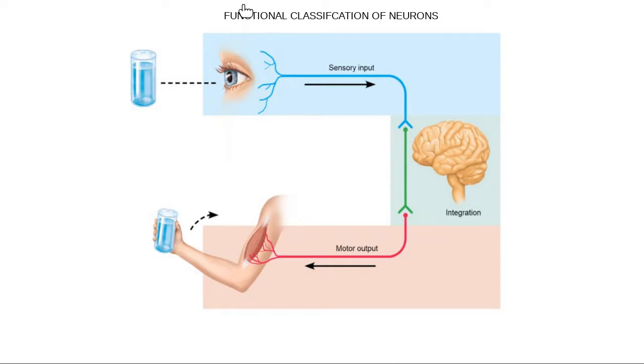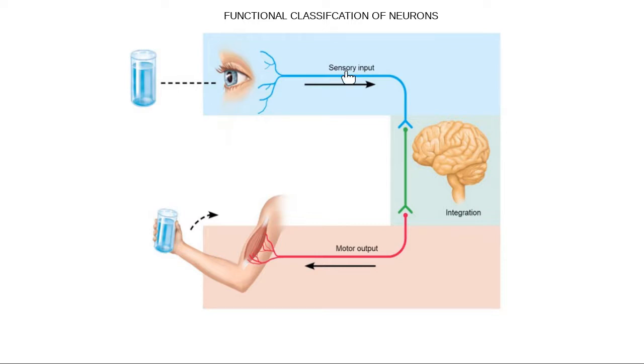When we talk about classifying neurons based on their function, we have three types. We have what are called the sensory neurons, their job being to collect as much information as possible, all kinds of information. Sensory neurons don't process the information they receive at all.